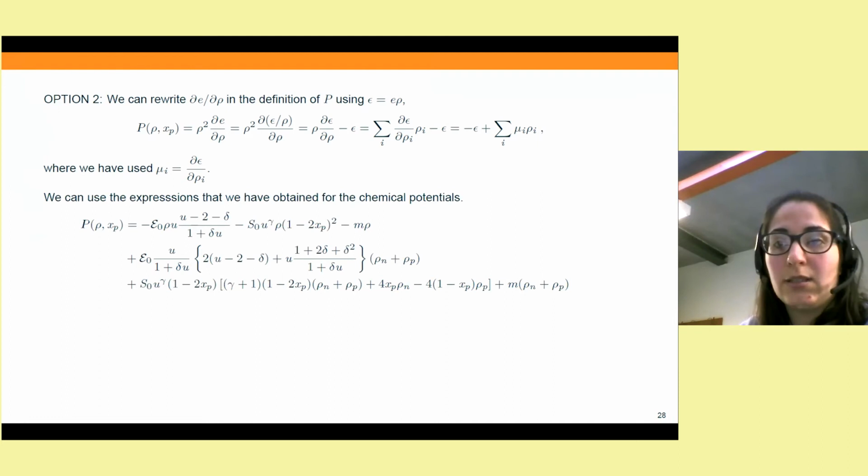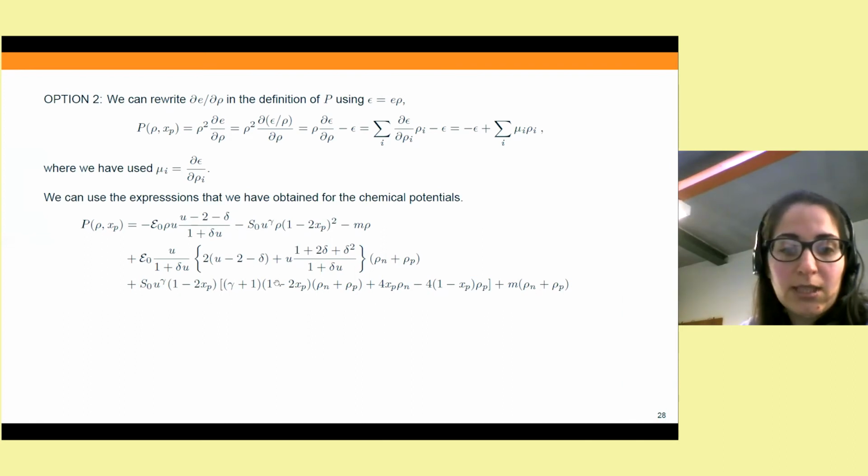So if we do that, we get this expression here. Okay. We substitute the energy per particle here. Okay. Then the first term of the chemical potential times these densities here that I'm summing, because it was the same expression for both. And for the other term, we saw that they were very similar, but there was a slight difference, right?